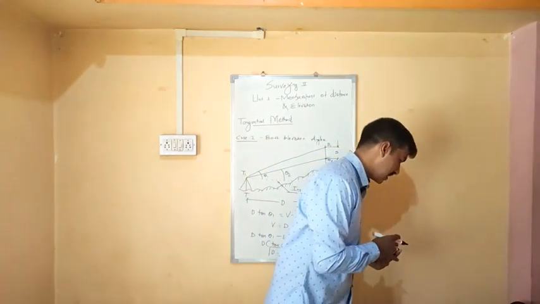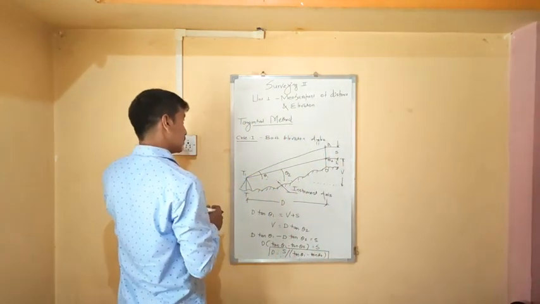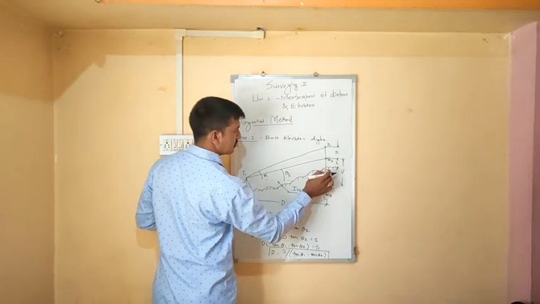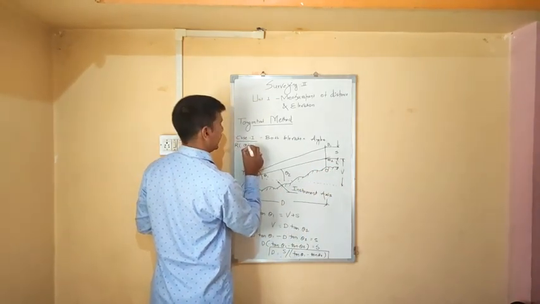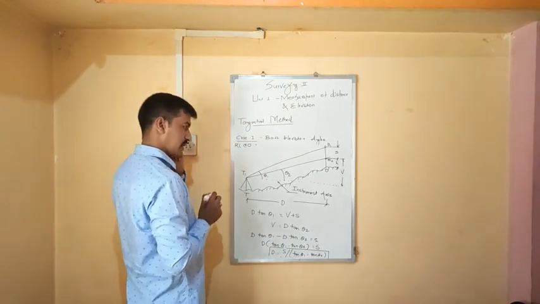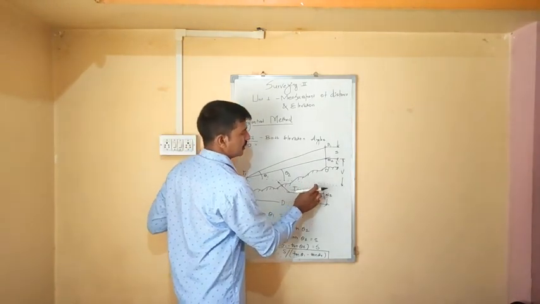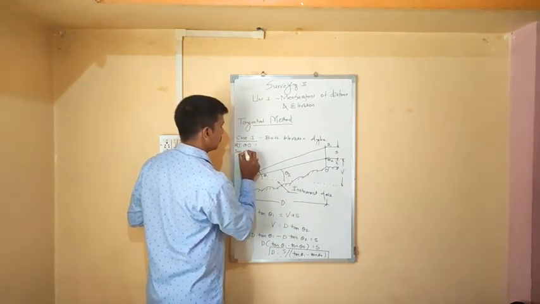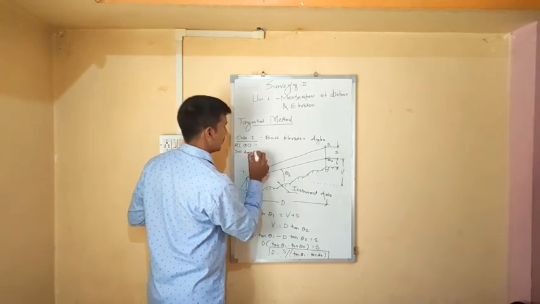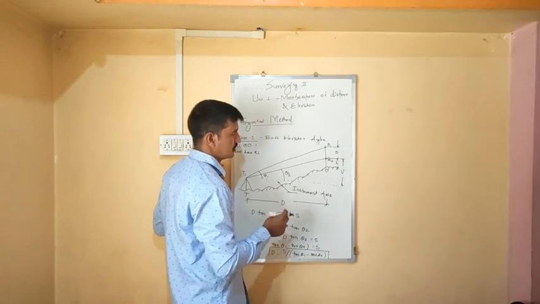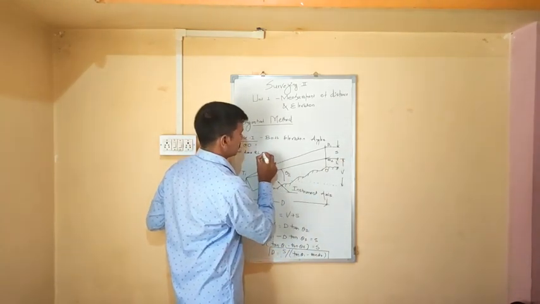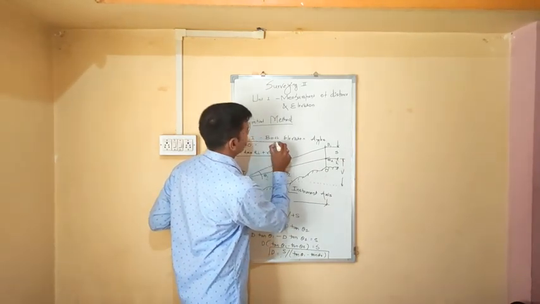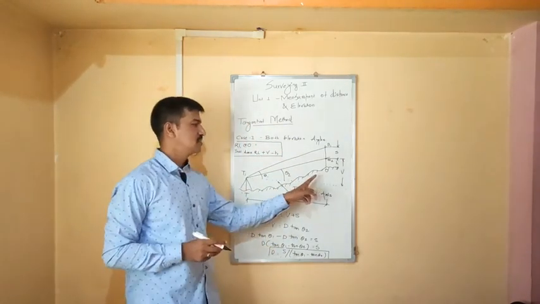One more equation to find out the RL of the instrument axis, RL of point O. RL at point O will be equal to, if we are knowing the instrument axis RL, instrument axis RL plus V minus H. So this is the next important formula to calculate RL of this point.